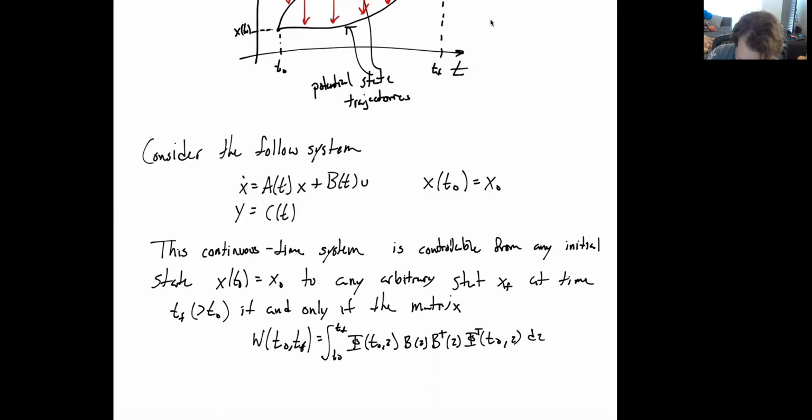Now if this matrix is non-singular, then our system is controllable. So we can get from any point to any other point.